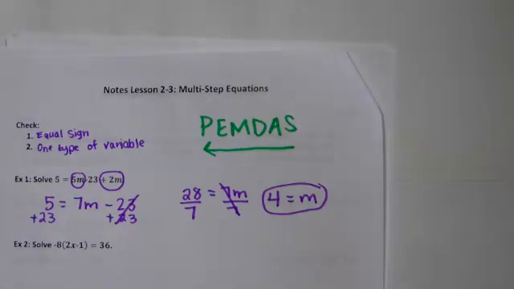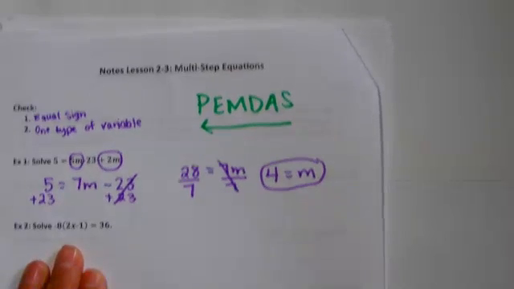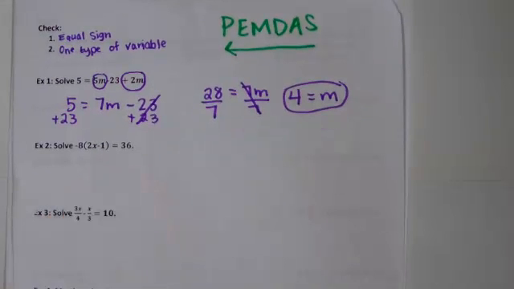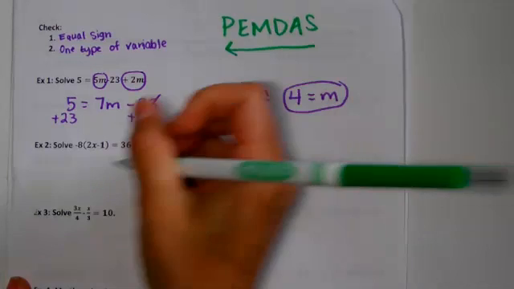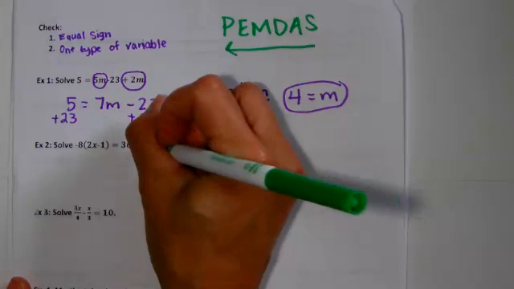This is our exception. If we have parentheses and we have an equal sign and we have one type of variable, we do want to do the parentheses first. And by do the parentheses, we have to get rid of them. We want to distribute first.